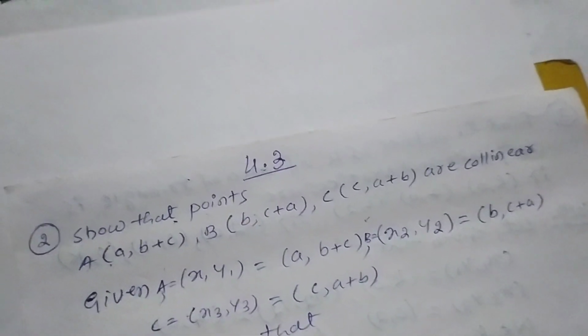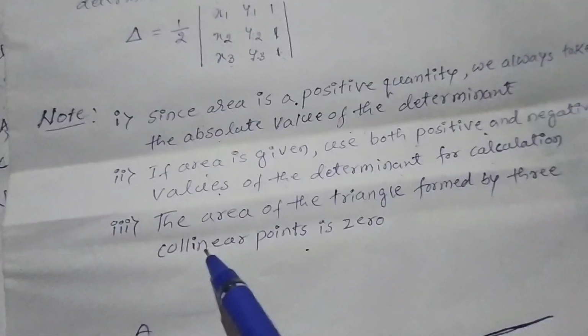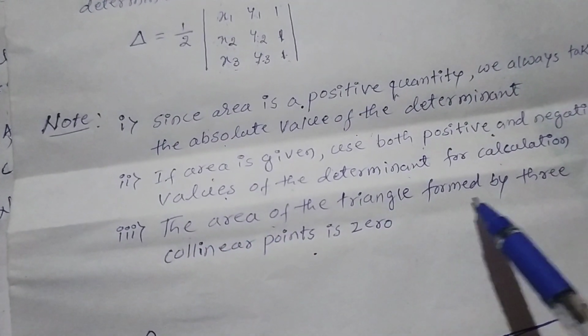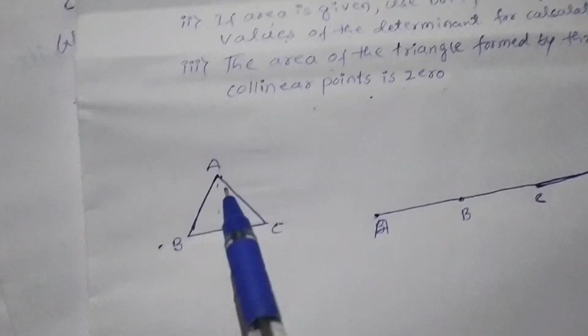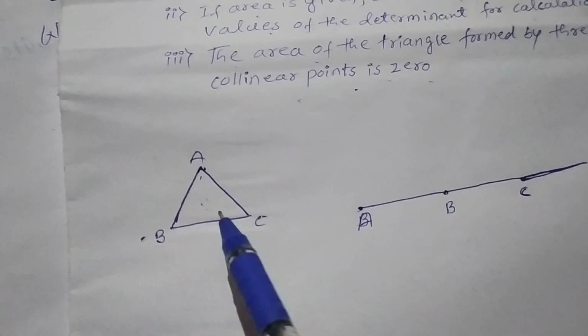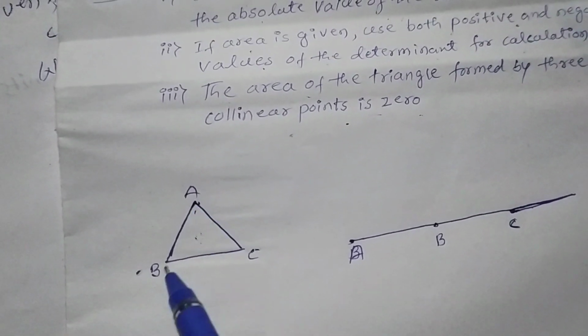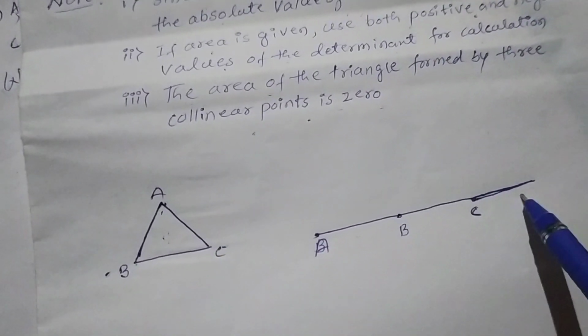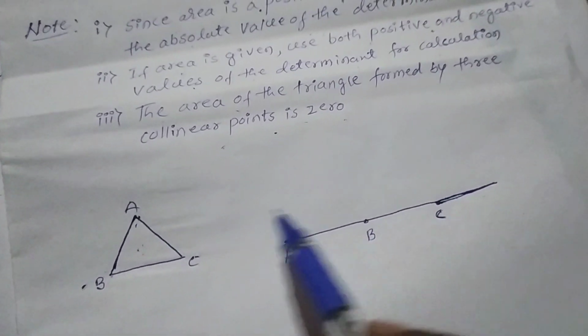So we have a third note: the area of the triangle formed by three collinear points is 0. See here, if it is a triangle ABC, it has some area, but when you unfold the sides and form a straight line, the vertices become collinear points.